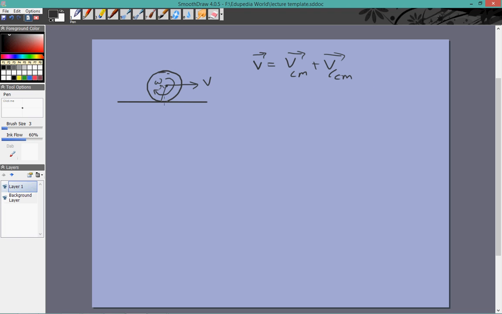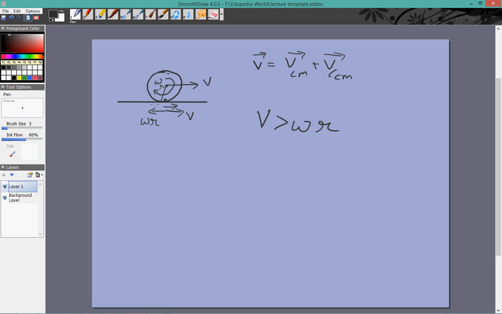So let's focus on this bottommost point for a second. The net speed of the bottommost point is v forward and omega r backwards. So the net speed is actually v minus omega r when we add these two vectors. Now, if v is greater than omega r, we are talking about magnitudes right now, then the net speed of this particle is in the positive direction.